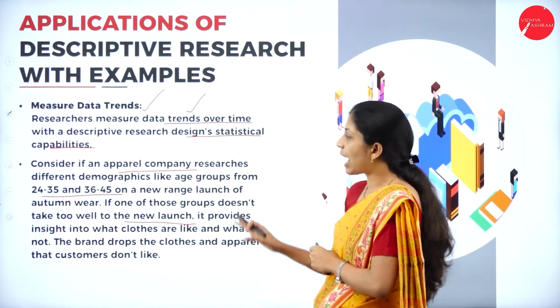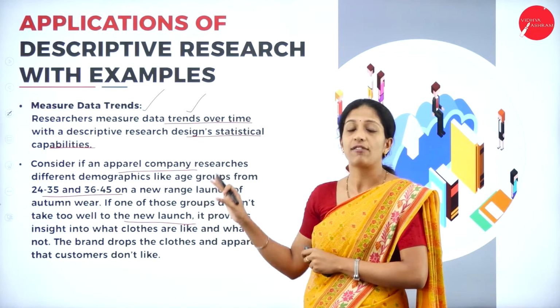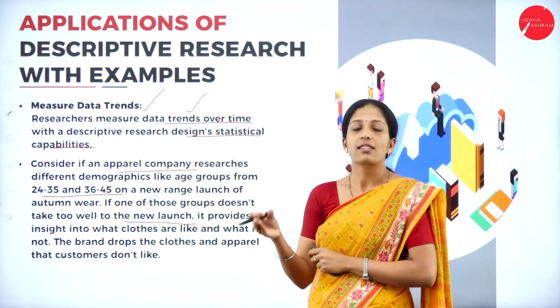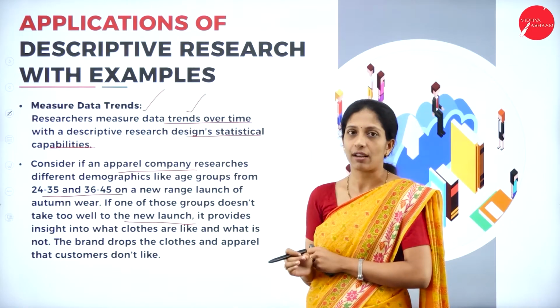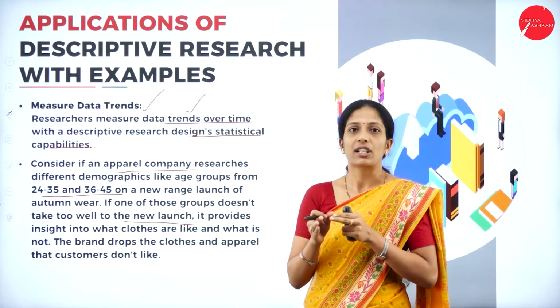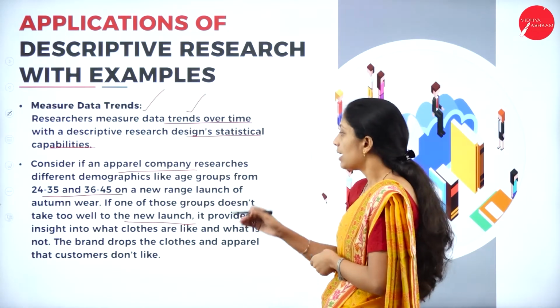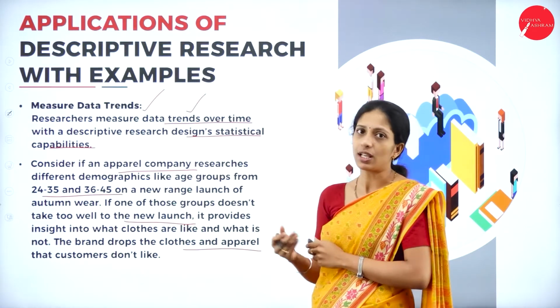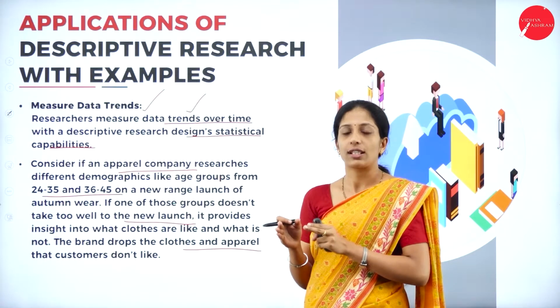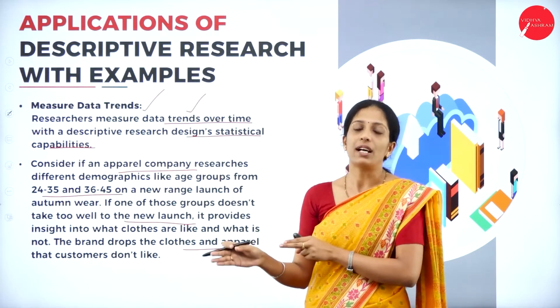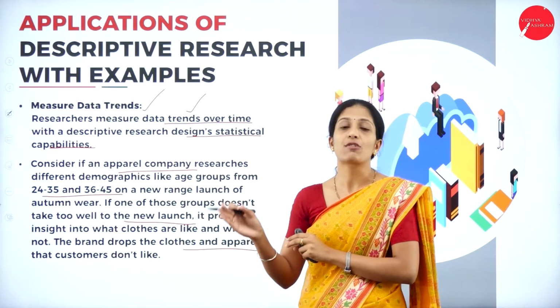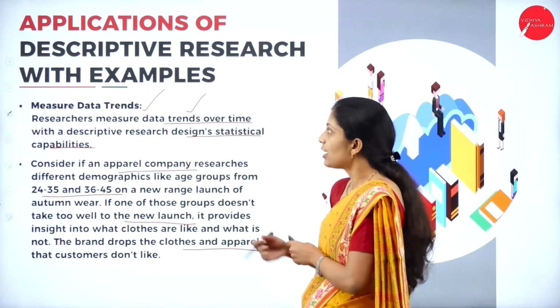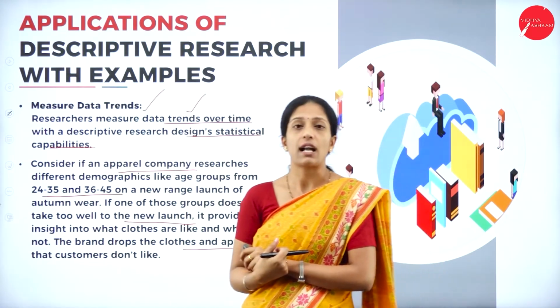So, by seeing the activity of the respondent itself in descriptive research, the researcher will identify their behavior, whether they like that particular product or not. The brand drops the clothes and apparel that customers don't like. So, what can the organization then do? They can drop the clothes or drop the brand which the customer does not like. So, this is about the measure of data trends.